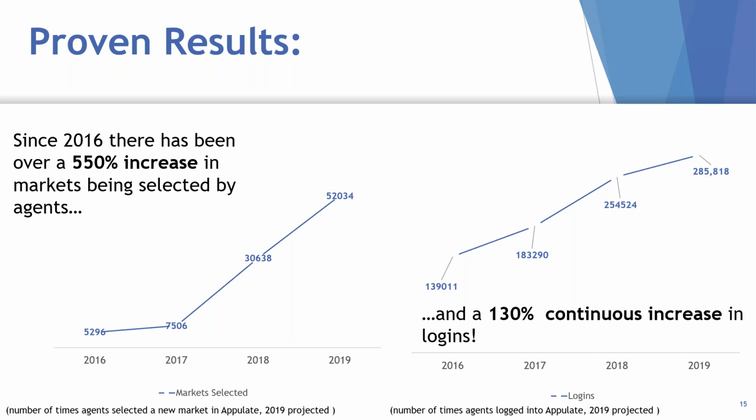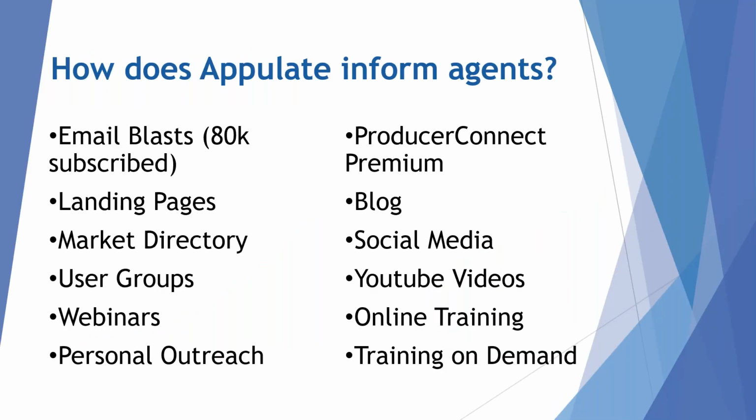Instead of us just pushing our technology and telling everybody how awesome it is, we put that alongside our partners, promoting their products both within our system and through email marketing, webinars, and a number of other things. Since then, everything has increased, not just logins, but usage and markets being selected by agents, which is the chart on the left-hand side.